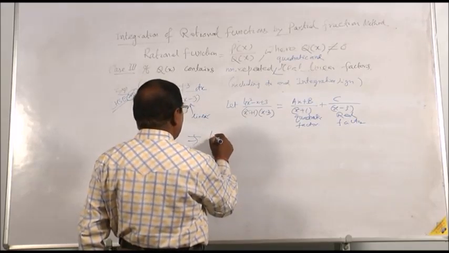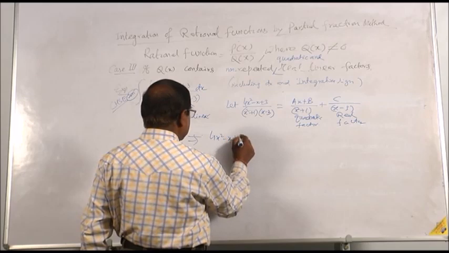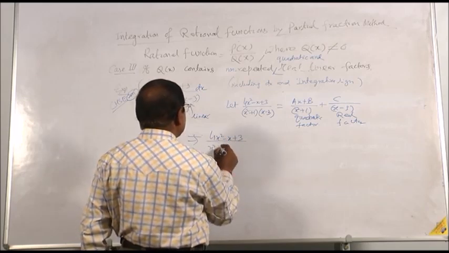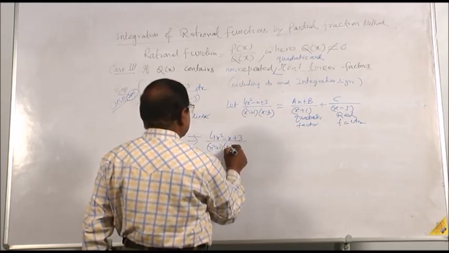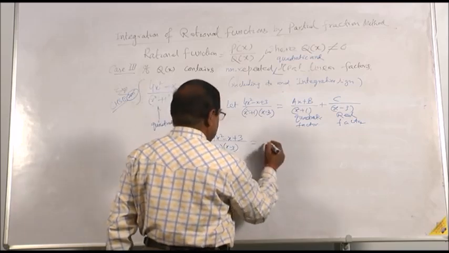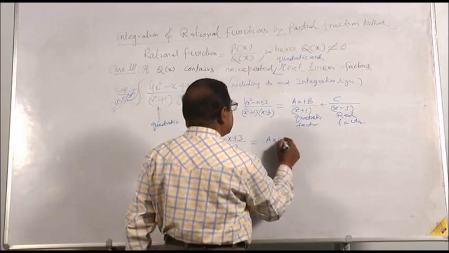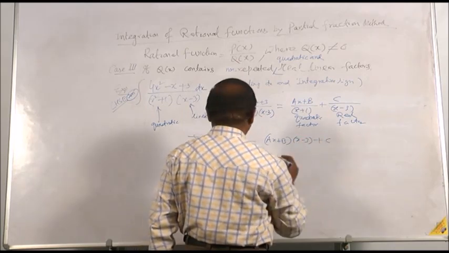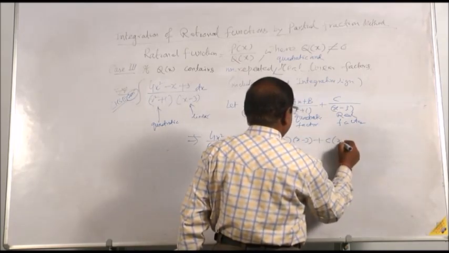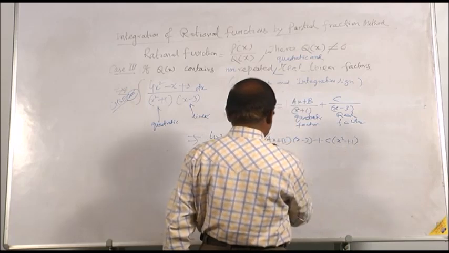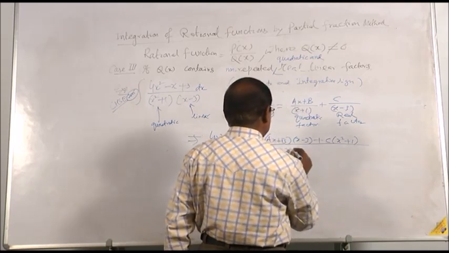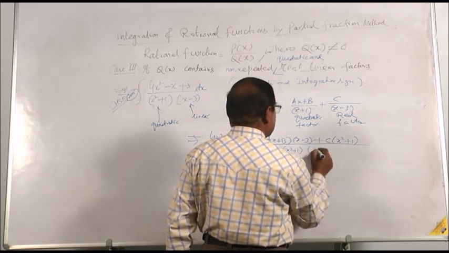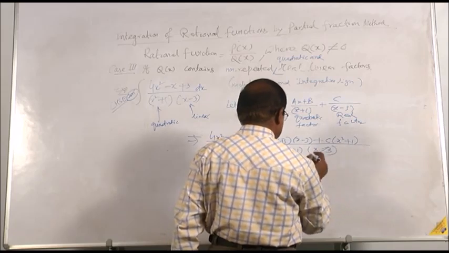You see, (4x square minus x plus 3) divided by (x square plus 1) into (x minus 3) is equal to (Ax plus B) into (x minus 3) plus C into (x square plus 1), divided by (x square plus 1) into (x minus 3).